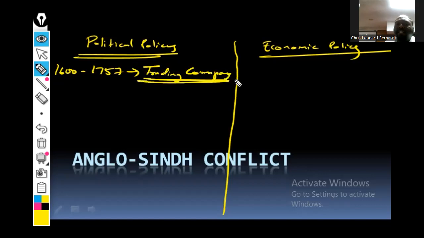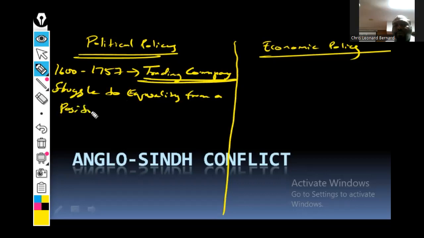So what was their agenda in political policy? It is a struggle for equality from a position of subordination. They are subordinate to the Mughals.